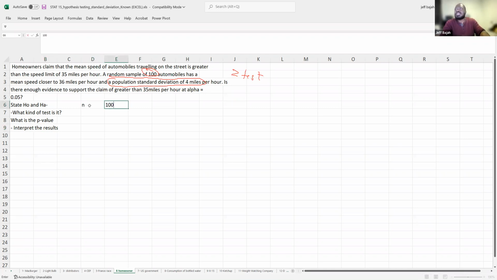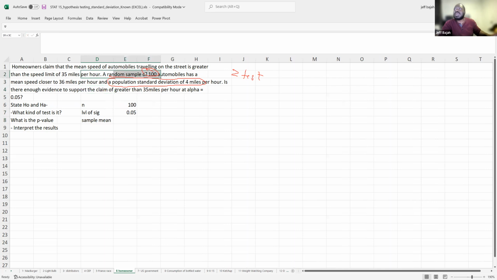We know the sample size is 100, and we also know that our level of significance is 0.05. And we know our sample mean. Remember, that's the mean from the sample. So if you did a random sample of 100 people and got a mean closer to 36 miles, that means it's 36 miles, because that's the mean from the sample.